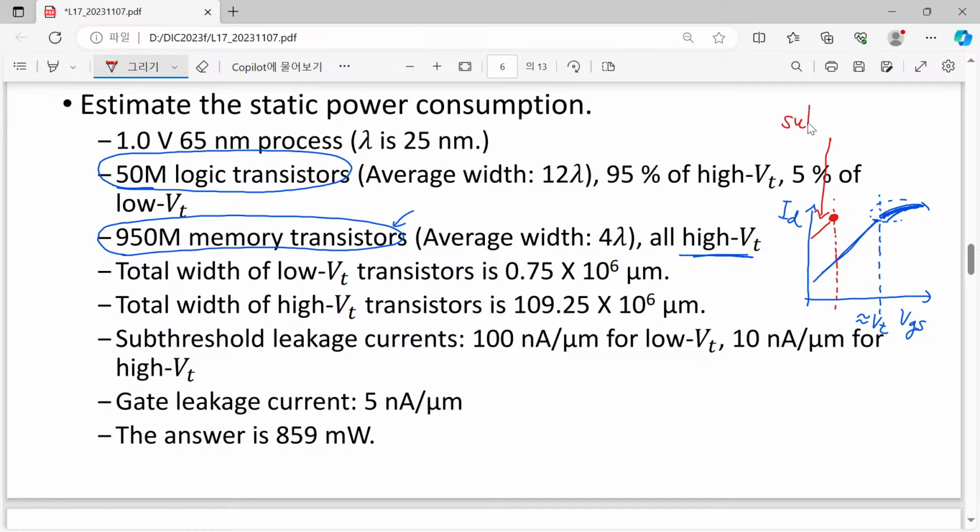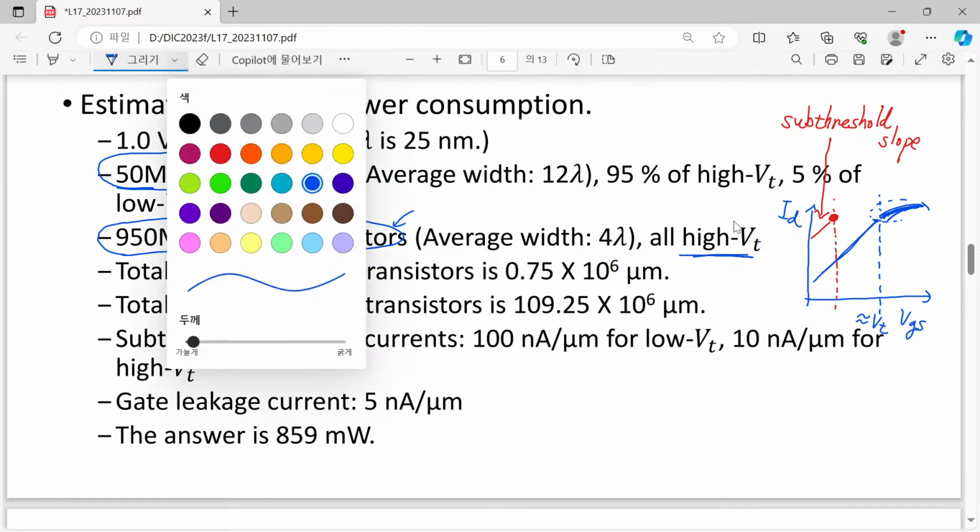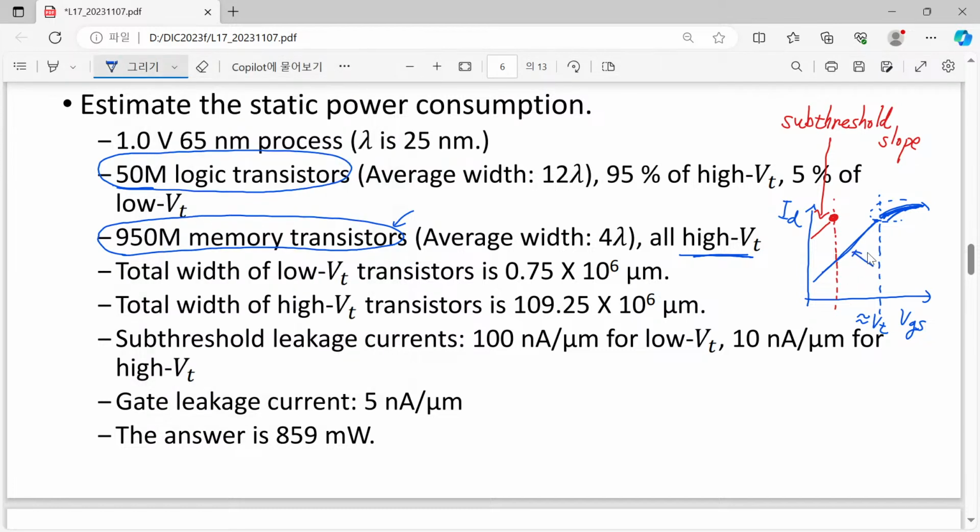It is given by the so-called sub-threshold slope. Since they are coming from the same device or same technology, let's assume that the sub-threshold slopes of these two devices are the same.